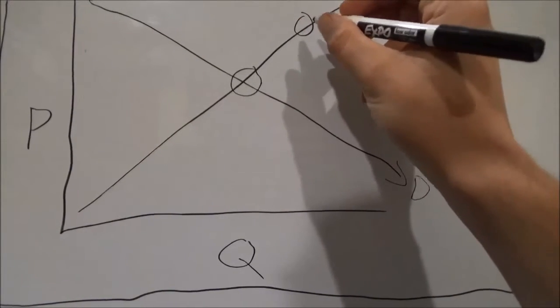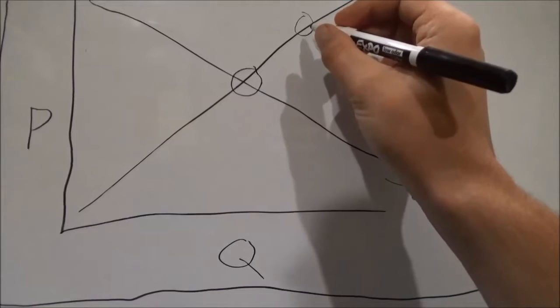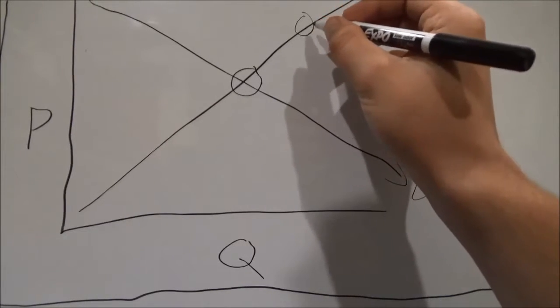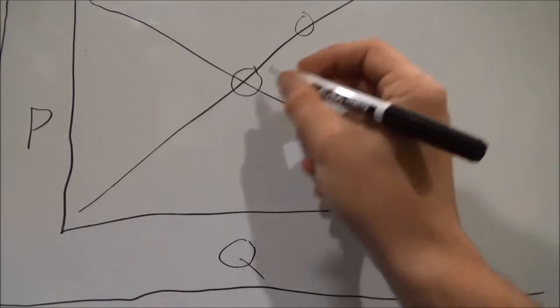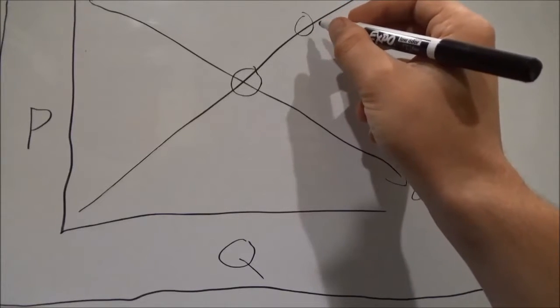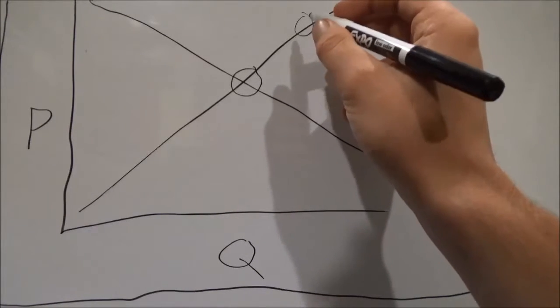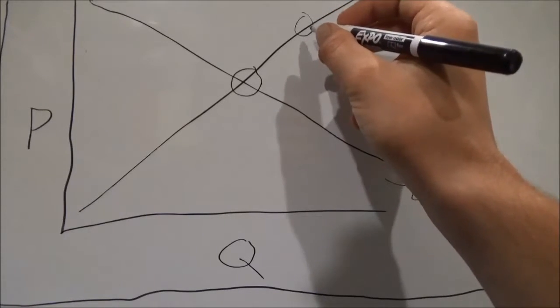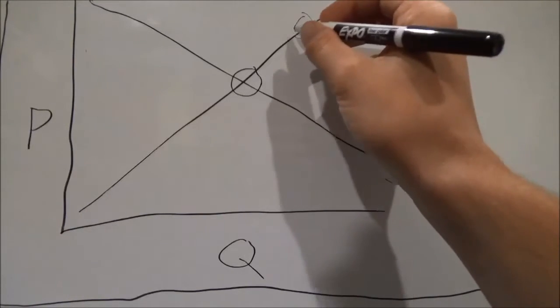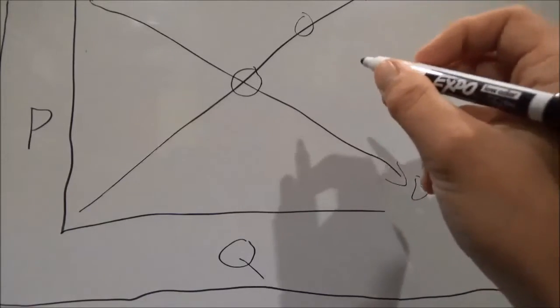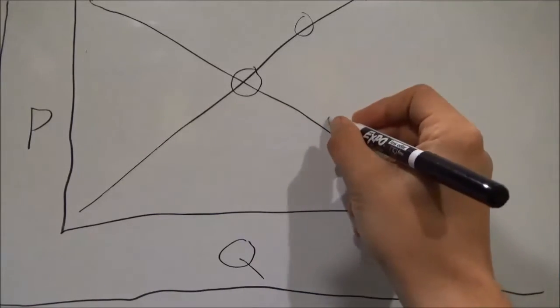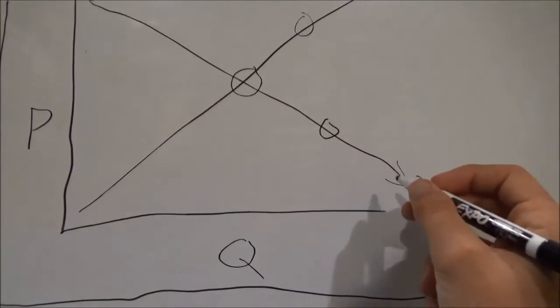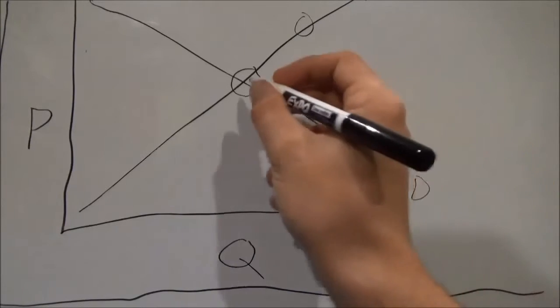Up here, this area is the supply is greater than the demand. So this would have a lot of leftover supply, which I'll get to what it'll actually cause later on, probably part 2 actually. Here we have the demand is less than the supply.